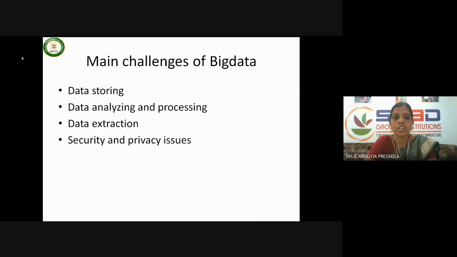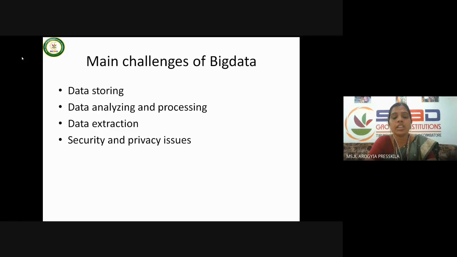For security and privacy, many techniques are there to secure the data. Basically, in computer science, whenever you want to protect something, when you want to share information from one place to another in a secure manner, they use some encryption algorithm. For example, they use a symmetric encryption algorithm, where a key is used to encrypt the data, and the same key is used to decrypt the data.